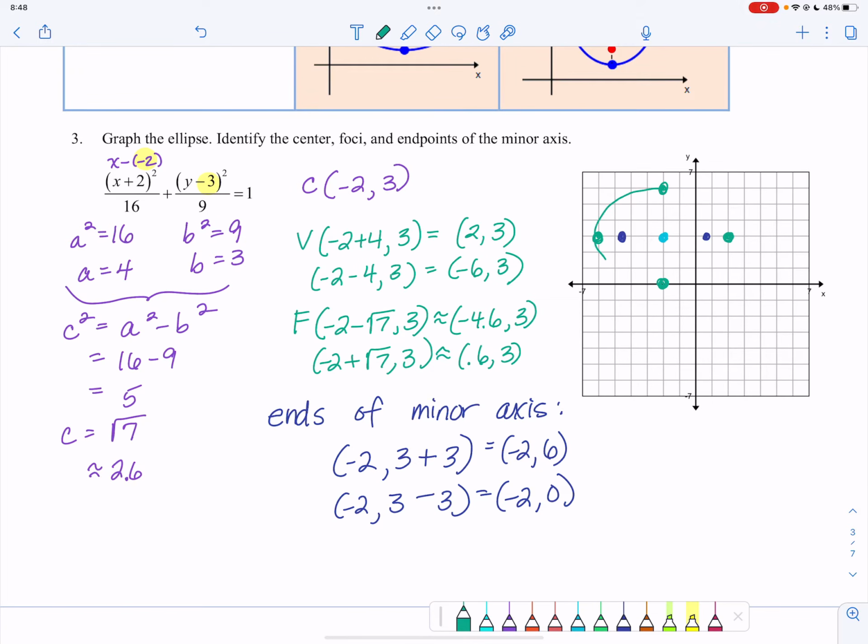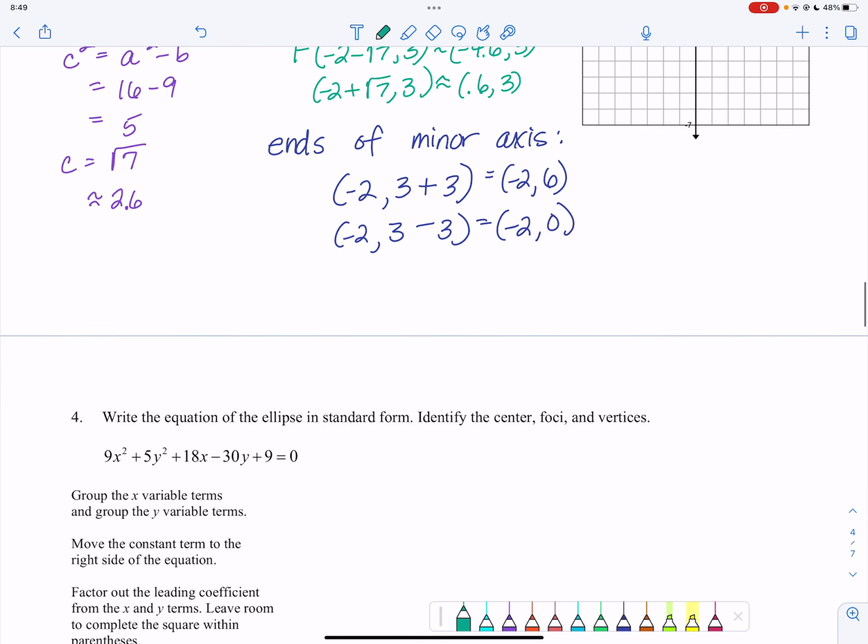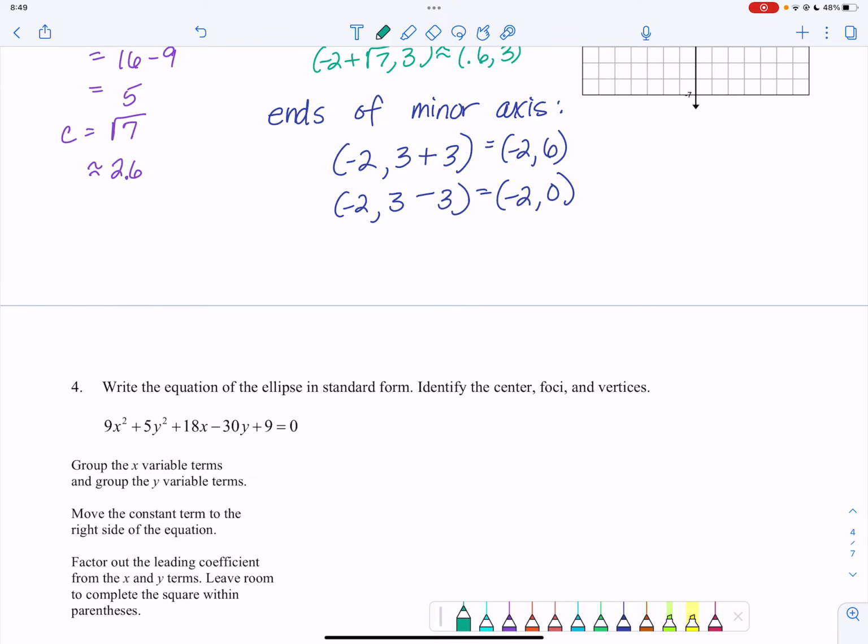So let's go ahead and get this written. See if I can get this down here a little bit more. And bring that up. And it's about like that. Okay, that one was good. Okay, so what if we need to write the equation of the ellipse in standard form, and this is what we start with?